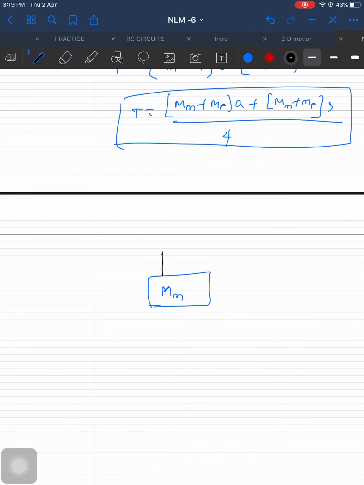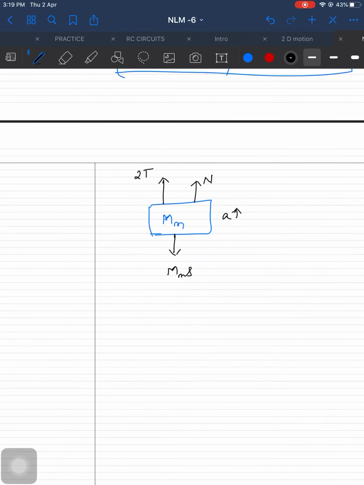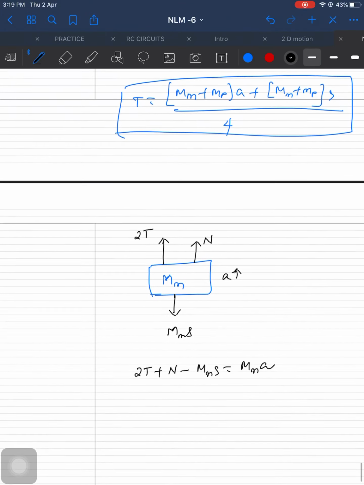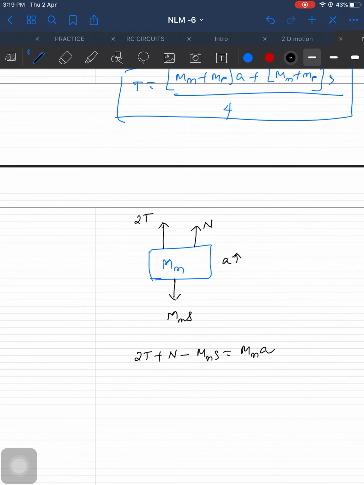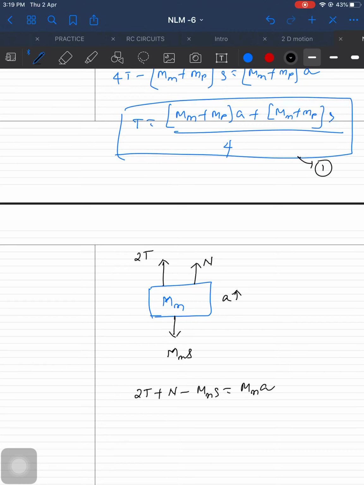So two tensions, 2T, and there is a normal also, and downwards Mm g. The acceleration is in the upward direction. If we solve, 2T plus N minus Mm g is equal to Mm into a. Tension is already known. Substitute the tension from equation 1 into equation 2, and you will get the answer.